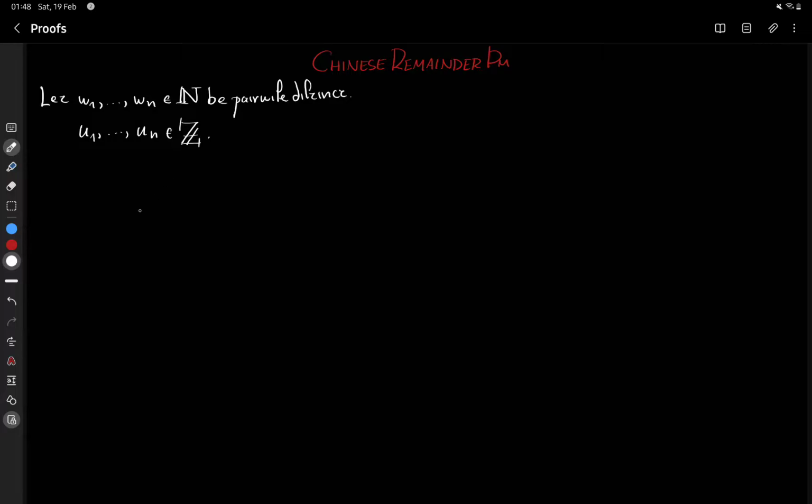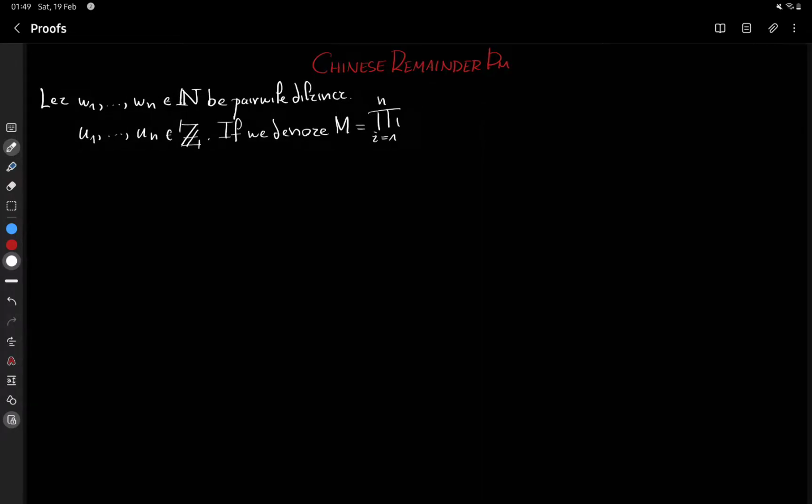They can be any integers. There are no restrictions on them. Then if we denote capital M as the product of all the W's, or rather, let's denote it capital W, that will make much more sense.